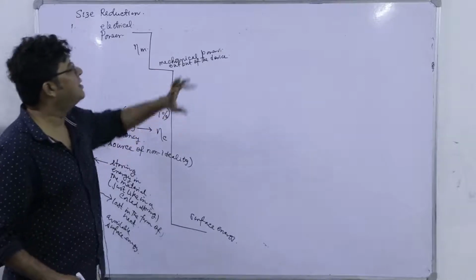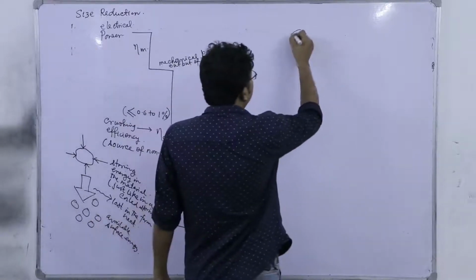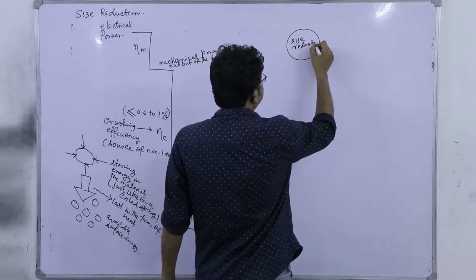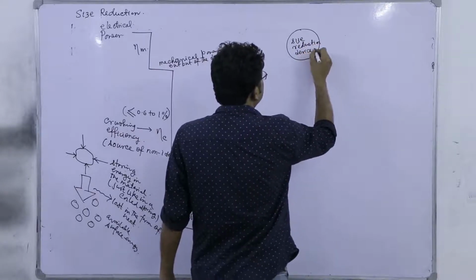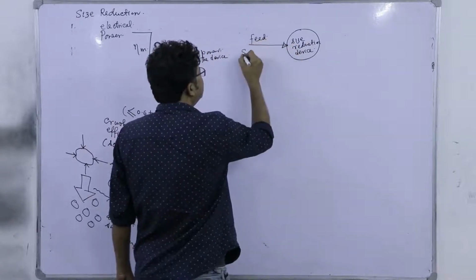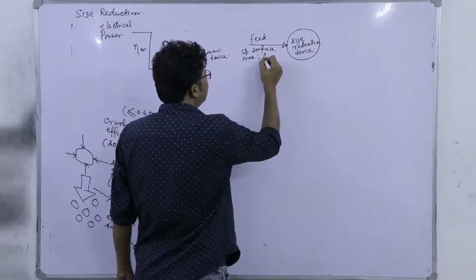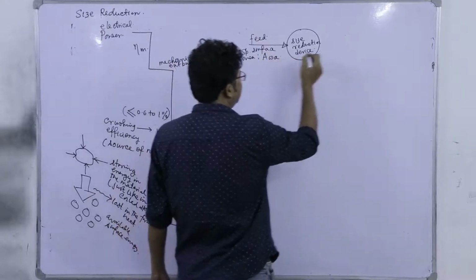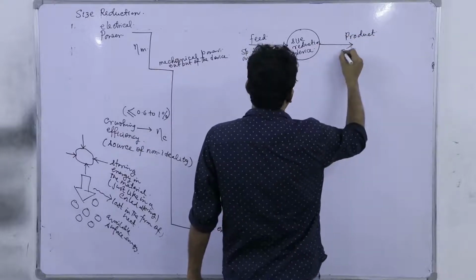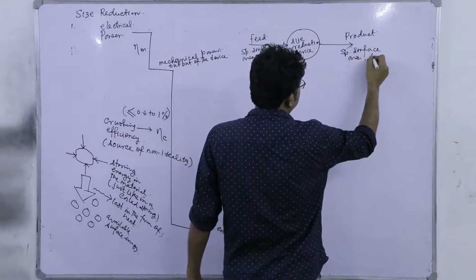So with this understanding, as I have mentioned, theoretically we have to calculate something. If I have a size reduction device, and we are delivering a feed with specific surface area, let us say we change the nomenclature: A suffix WA, and the product's specific surface area is AWB.